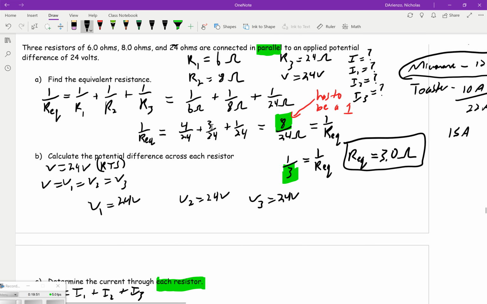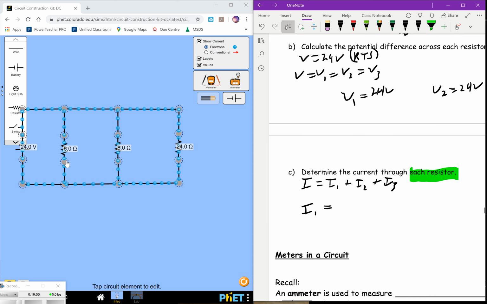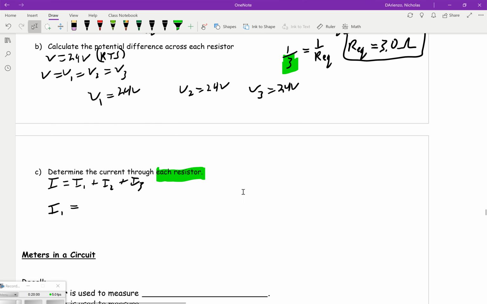So the current through the first branch here, we're going to use the voltage through here, and we're going to use the 6 ohms. Well, using Ohm's law, that would be V1 over R1, or 24 volts over 6 ohms. This gives us a current through the first branch of 4 amps.